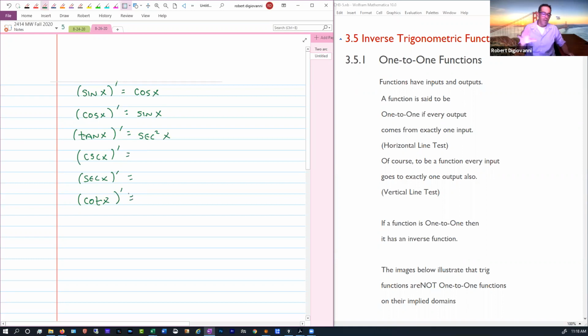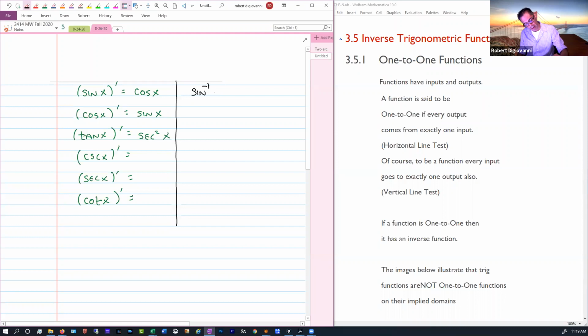So where everyone should stand right now walking in here is that you understand that there are 3 basic trig functions and that each of them has derivatives. But in pre-cal, this is 2 classes ago, we learned that every one of these functions has an inverse function, a function that undoes it, right? So for the sine function, there is the inverse sine.